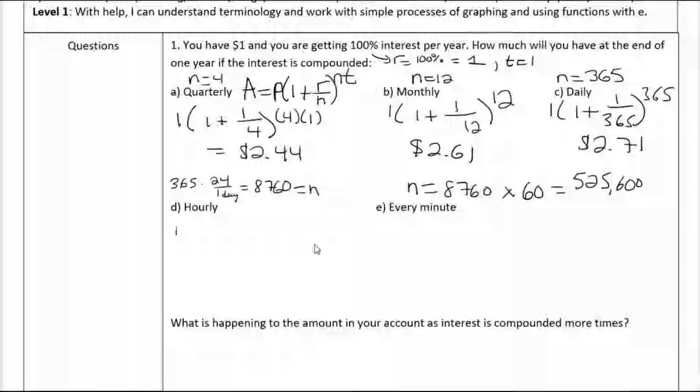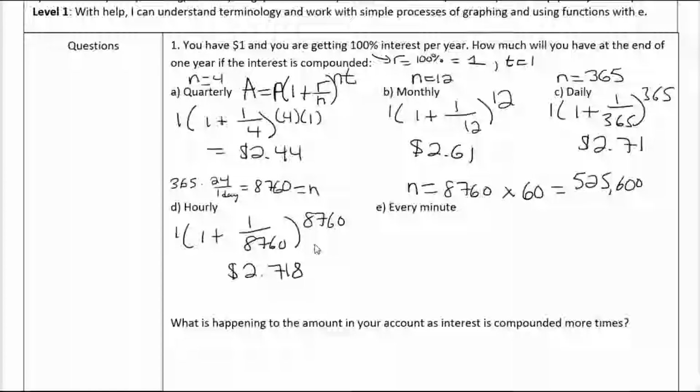Then if you did the hourly, you would get $2.71, and then 0.8 of a penny, essentially. So not that much more.